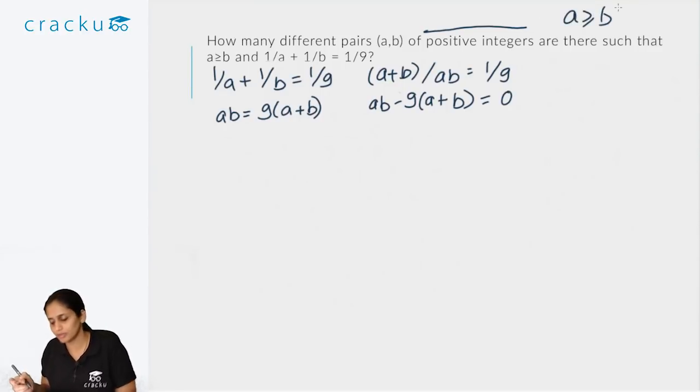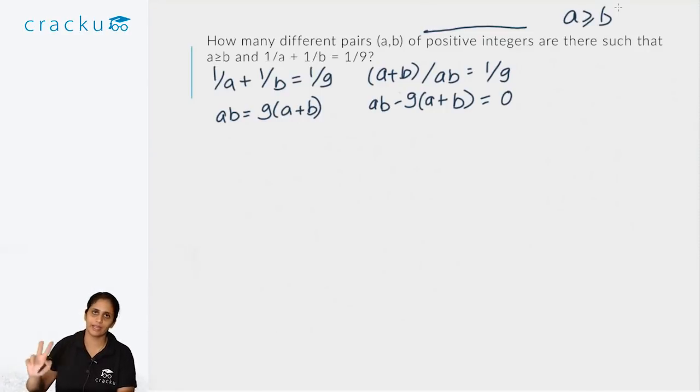Now if these are positive integers, if I can find a way in which I can express them as a multiplication of two numbers, then I can factorize the constant that I get on the RHS and find pairs A and B that satisfy that kind of a relationship.